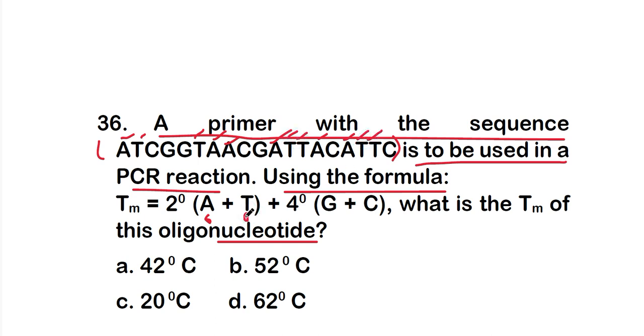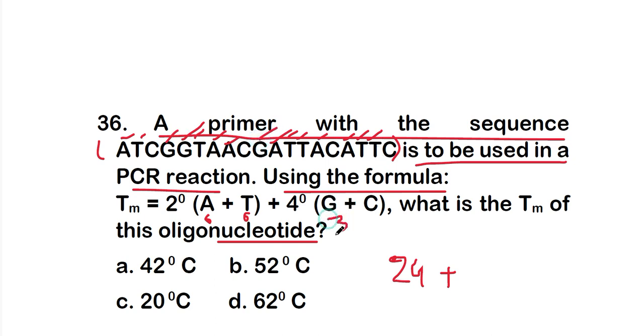Here it is also 6. So 6 plus 6, 12, plus 2 into 2 is 24. Okay, 24 plus here 4 degree into G plus C. Total G is 1, 2, 3.